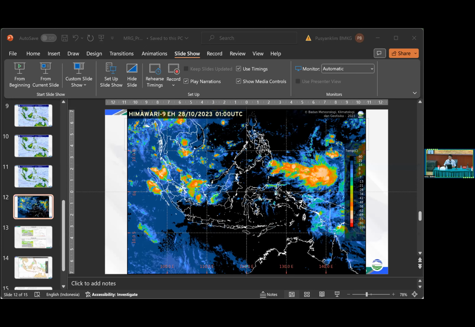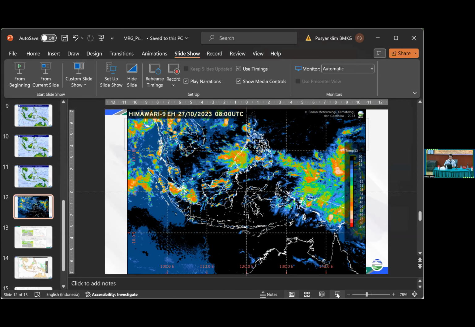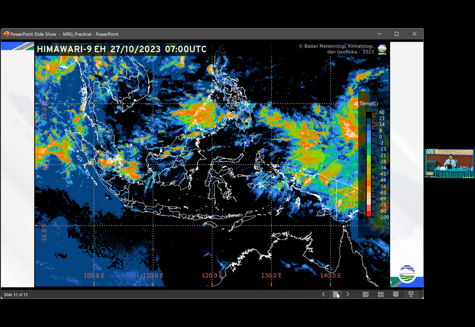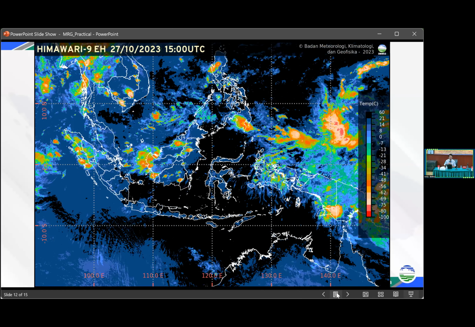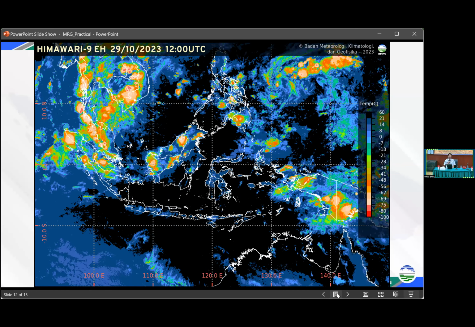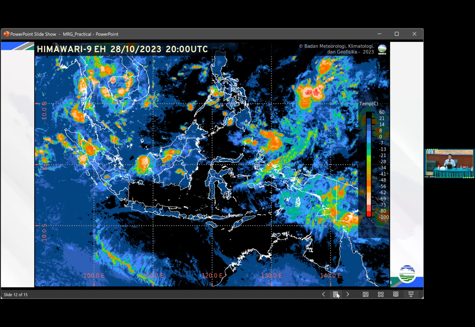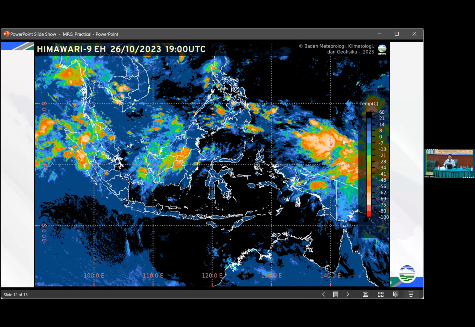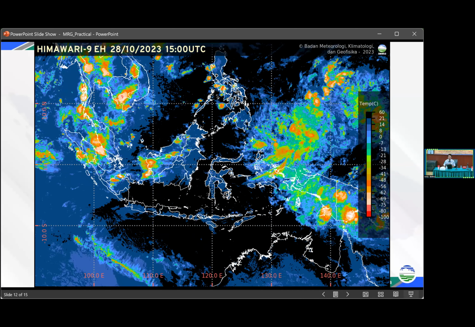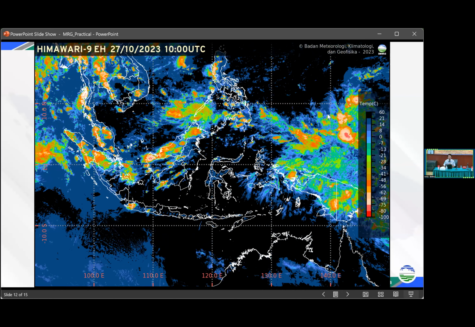So maybe this one is more with animation. I hope it moves. You can see it move. Can you identify some features, like cloud in the Western Pacific area, just in the north part of Papua New Guinea and also Papua of Indonesia over here?